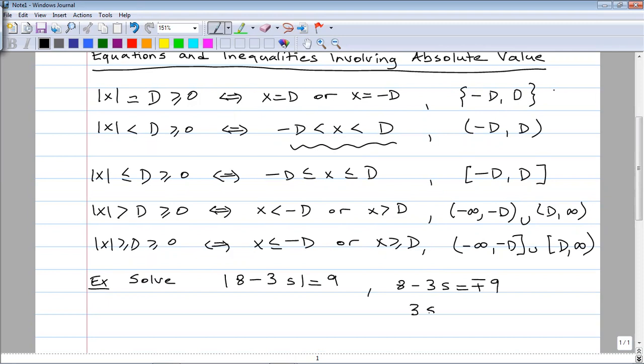So 3s is 8 minus or plus 9. So this is either 17 or minus 1, right? So s is either 17 over 3 or minus 1/3. So you get only two numbers.